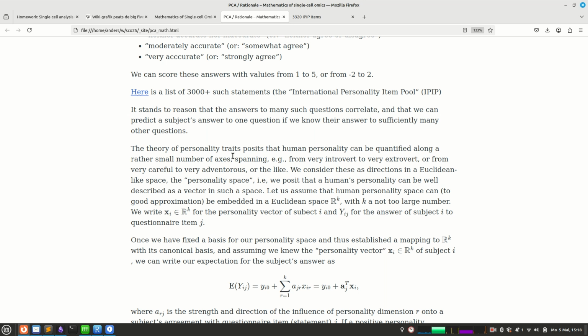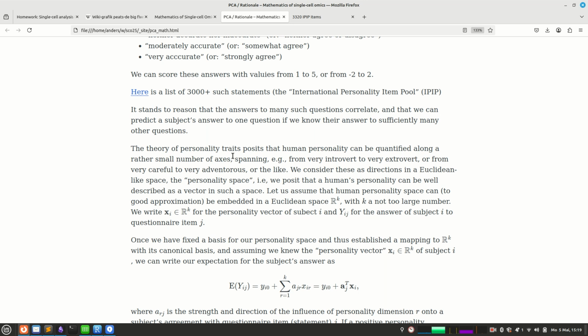You can imagine, if you consider this geometrically, it's basically the question whether these two directions, which are two traits, like these ones here, are orthogonal, like whether you're high or low in this axis has no bearing on how you're along the other axis, or whether they have an acute angle, like the scalar product is not zero, which implies that the answers which gave rise to these directions are correlated.